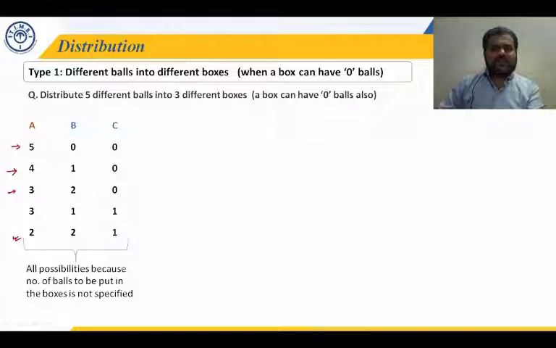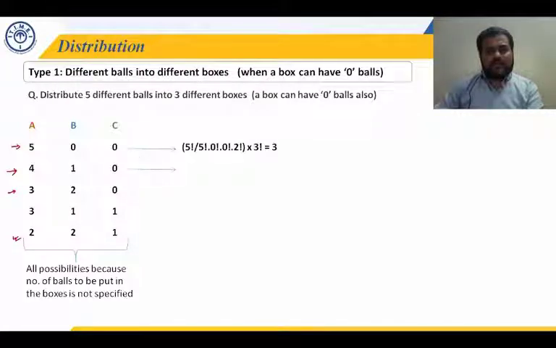But since it is not specified, we have to consider all possibilities. So these are all the 5 possibilities. All possibilities because number of balls to be put in the boxes is not specified. Fine. Now let us look at how we can distribute.